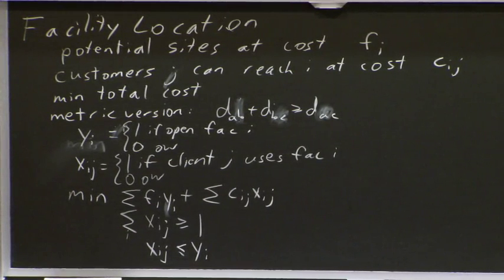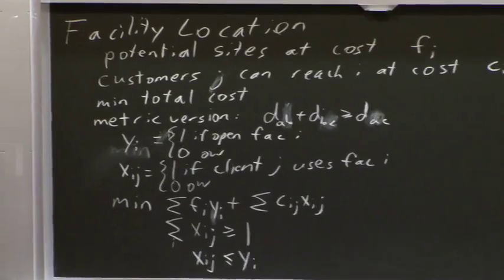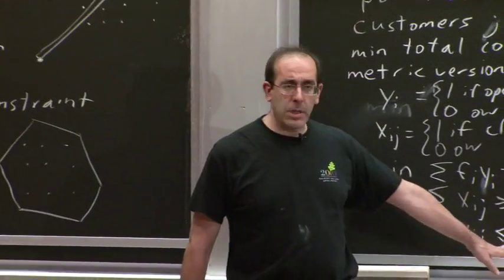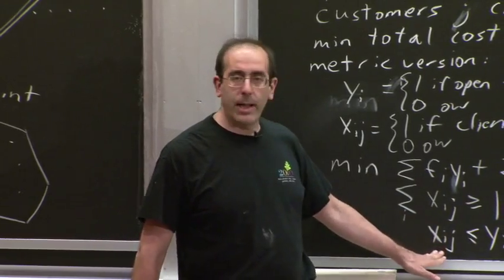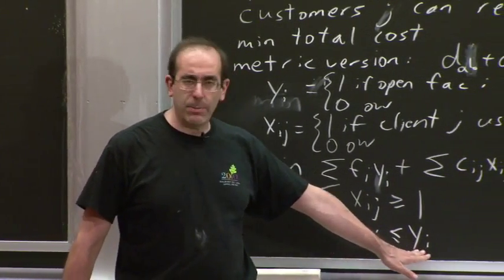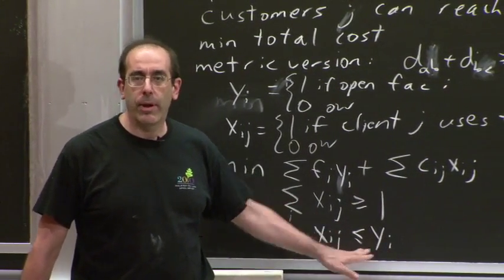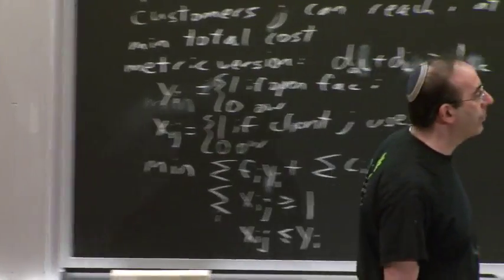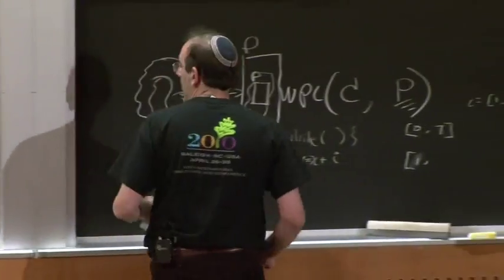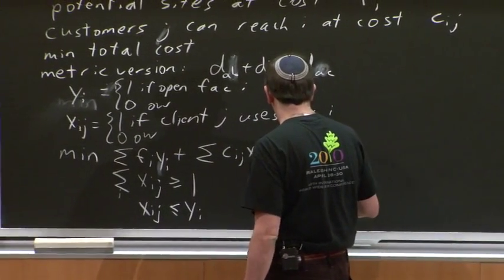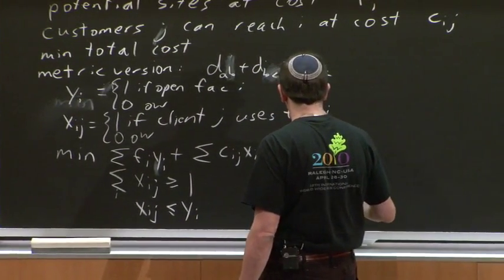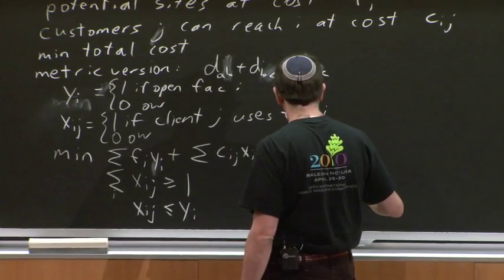I'm not allowed to assign a client unless the facility is open. And again, with zeros and ones, this is clearly what it says: xij being 1 is only possible if yi is equal to 1. So I can only assign if it's open. And of course, we'll have the usual constraints that xij and yi are either 0 or 1.